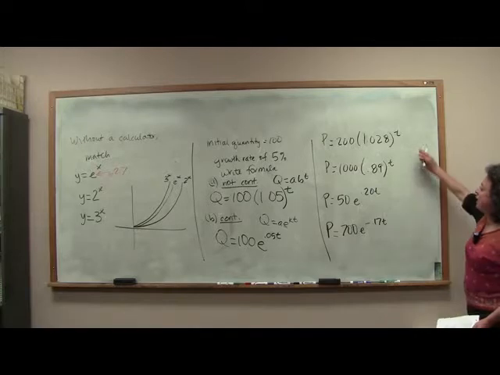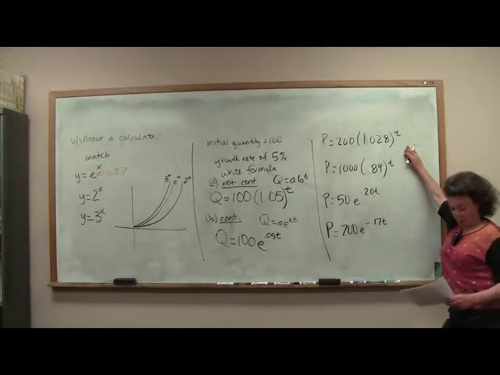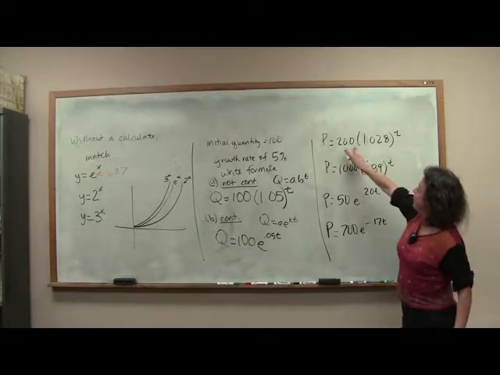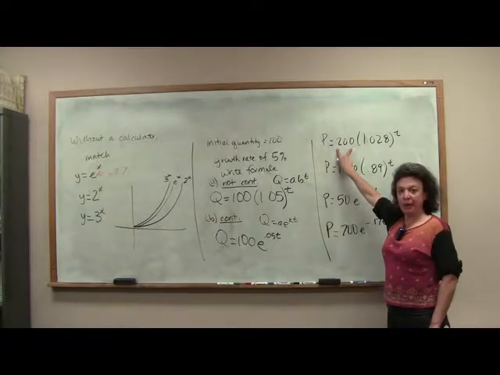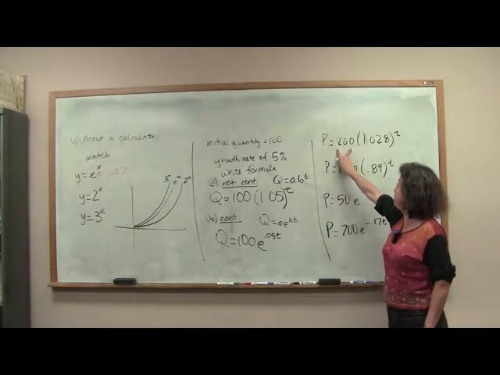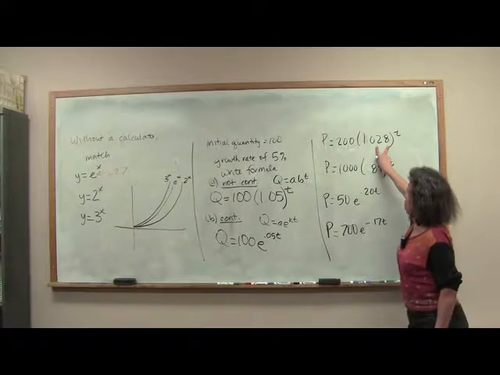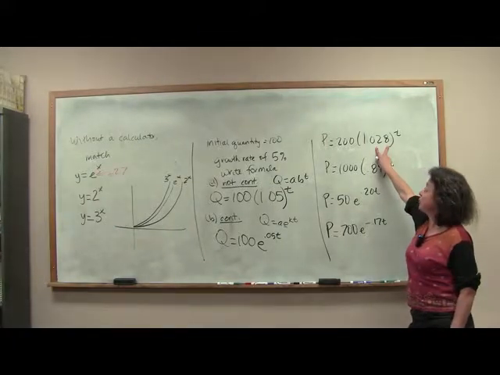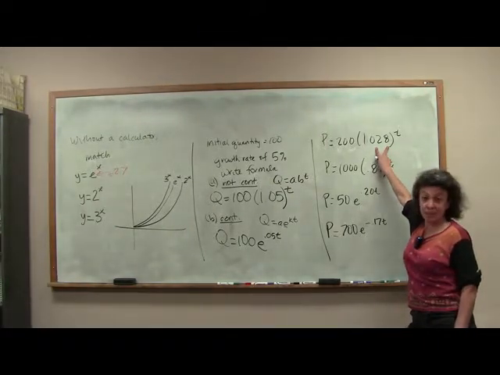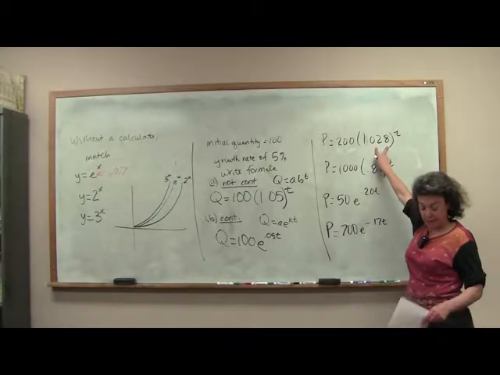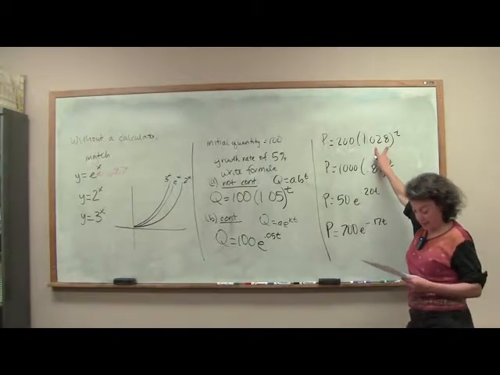Okay? I'm just going to go through and verbally talk about these. This first guy has an initial population of 200, and I claim it is growing at a rate of 2.8%, okay, per whatever unit of time.